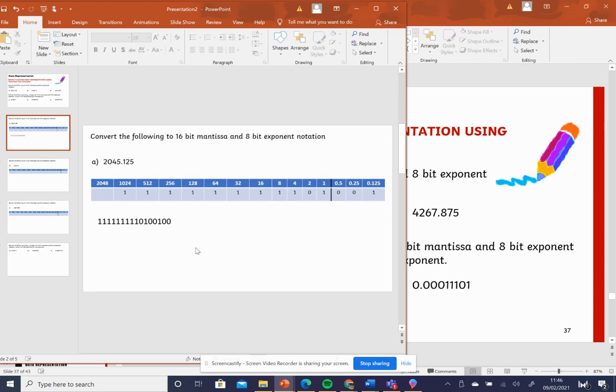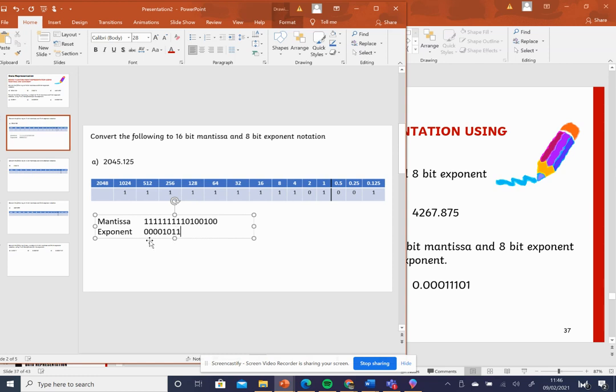Writing that down in binary, let me just put this in here, there's my mantissa, so we don't get confused. Exponent. Now it's 11, but we want our exponent to be in 8-bit exponent notation. So to write that down in 8 bits, it's 00001011.